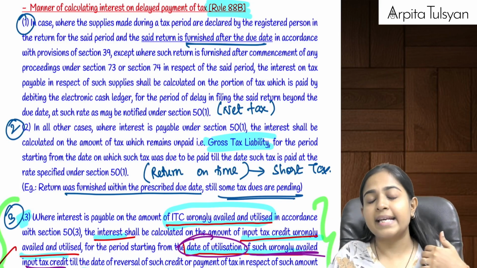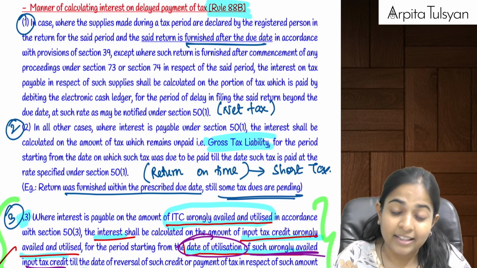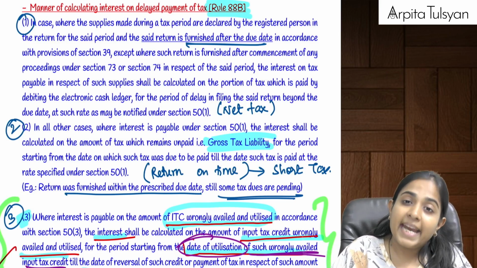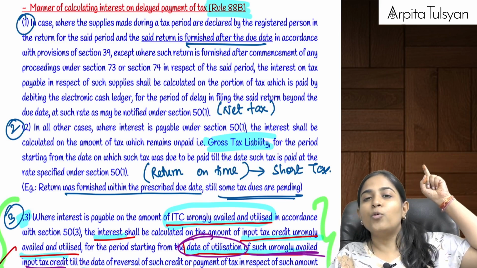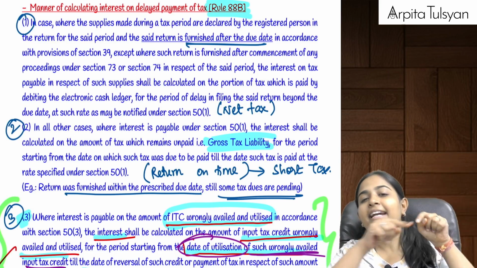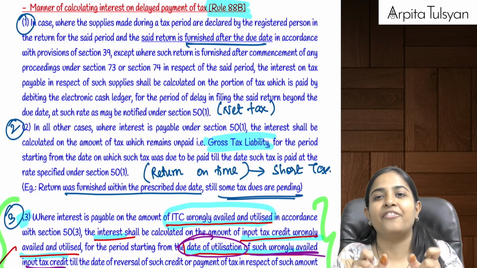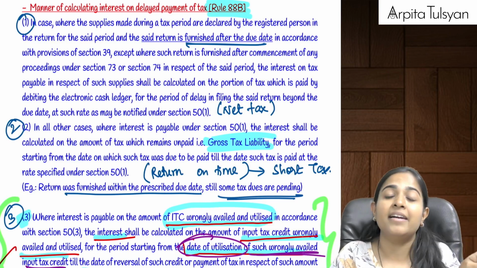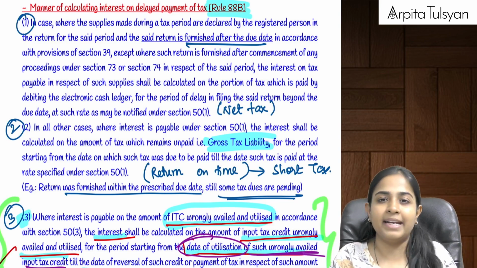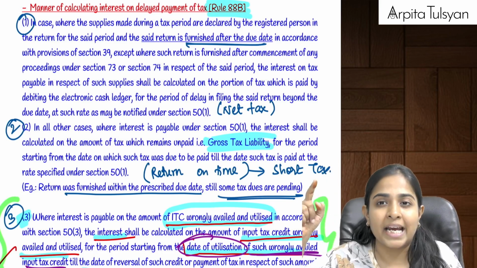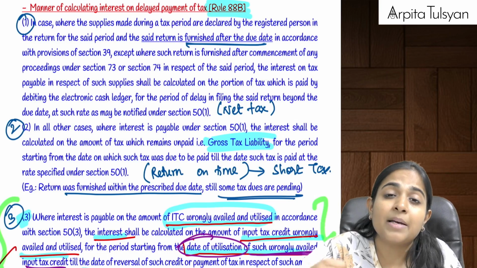But now in this case, government will tell you to pay interest on the entire 10 lakhs at the rate of 18%, right from the due date of the original return till the date of now making the payment to the government. So basic difference: in the earlier one, belated return was filed, so interest is calculated upon net tax liability. In this case, the original return was filed on time. Later we realize that there is some short tax paid.